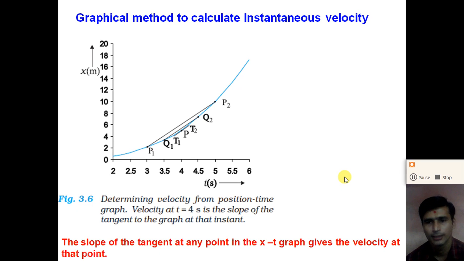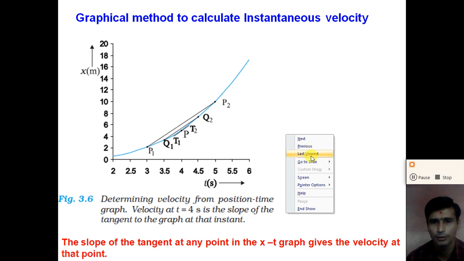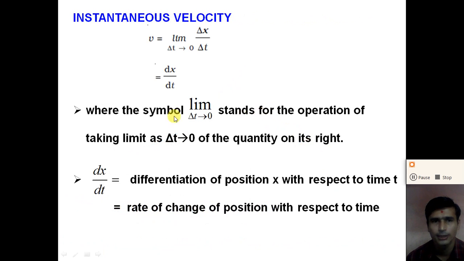So for that we use a calculus method for calculating the instantaneous velocity at a given point. In the calculus method we use the equation of instantaneous velocity v is equal to dx by dt, where d by dt is called the differentiation with respect to time. So the differentiation of the position with respect to time gives us the instantaneous velocity at that time.